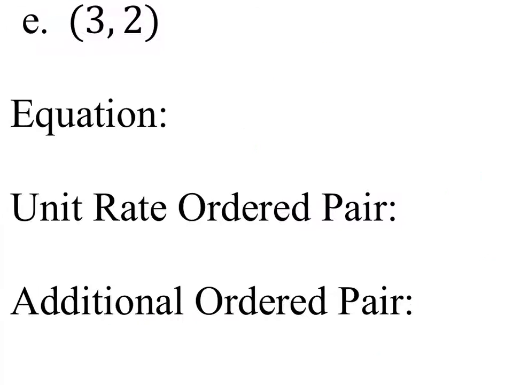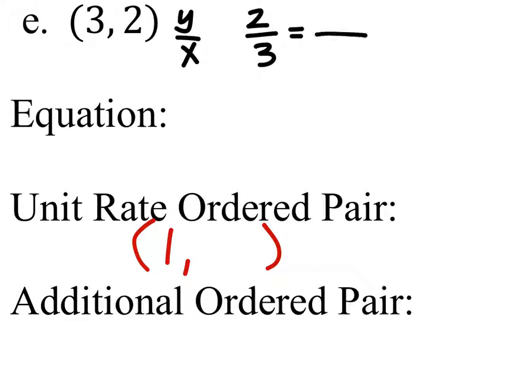Excellent work. All right, so we need the unit rate ordered pair. So again, this would be 1 and something. Up in here, we got y's over x's, starting with 2 over 3, but we want the x to be 1.